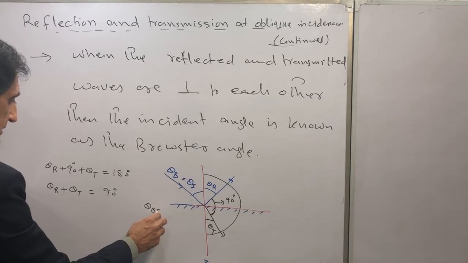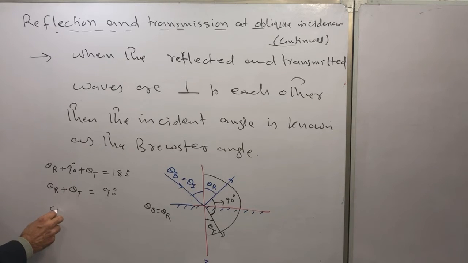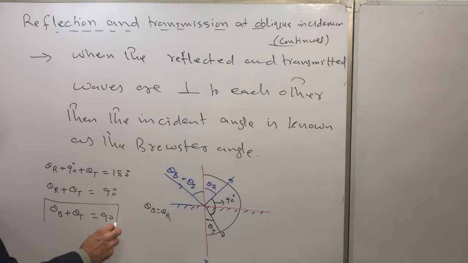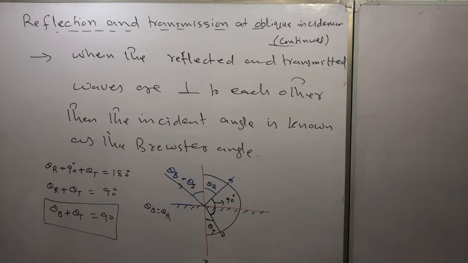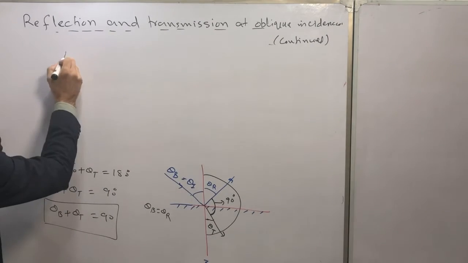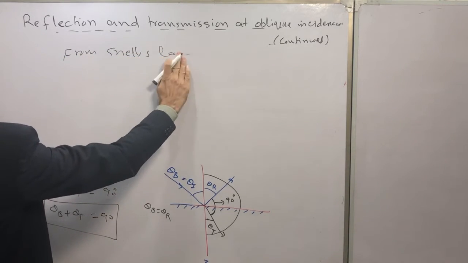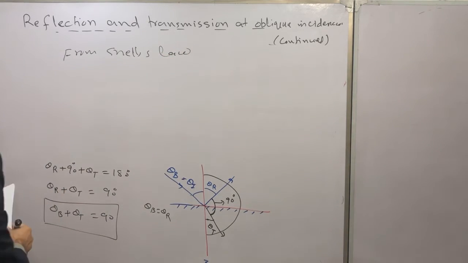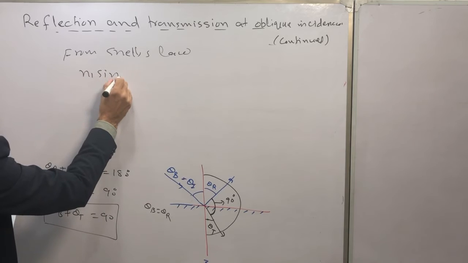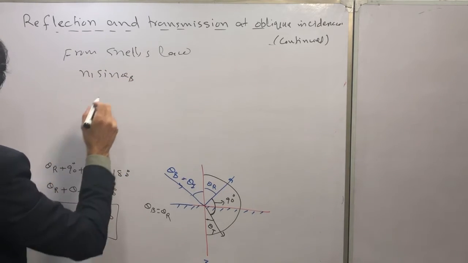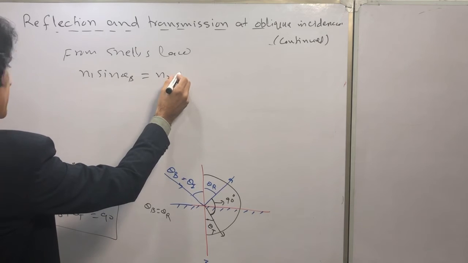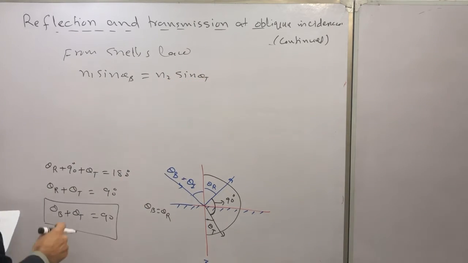So theta b plus theta t is equal to 90 degrees. Now from Snell's law, n1 sine theta b, which is the incident angle, is equal to n2 sine theta t, which is the transmitted one.